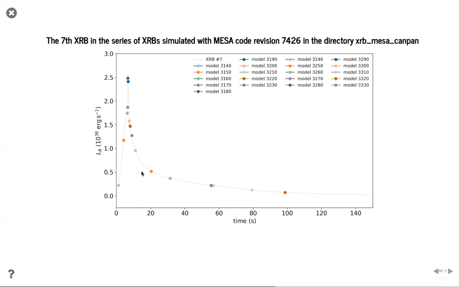But of course, remember, MESA models the entire structure of the accreted envelope. By entire structure, I mean temperature profile, density profiles, mixing diffusion coefficient, convective diffusion coefficient profiles, etc.